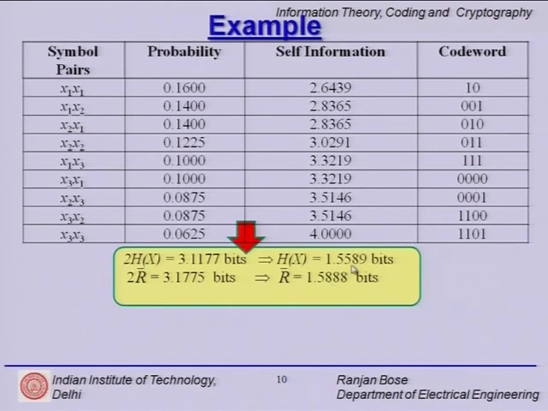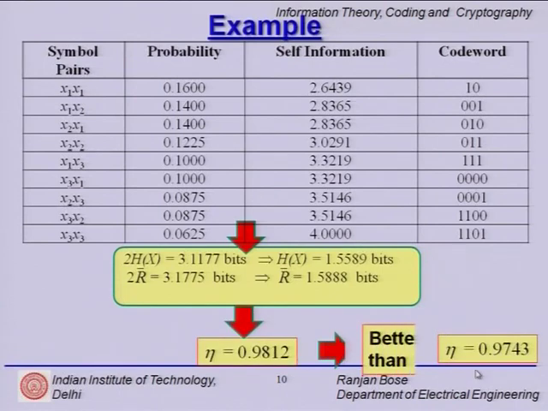Now, how does it compare with the previous one? Well, previously the efficiency was 0.97 and this time we have improved upon our efficiency. So, we are going closer and closer to 1.55 in this case. We have been able to get to 1.58, but maybe with 3, 4, 10 blocks at a time we can reach better and better.